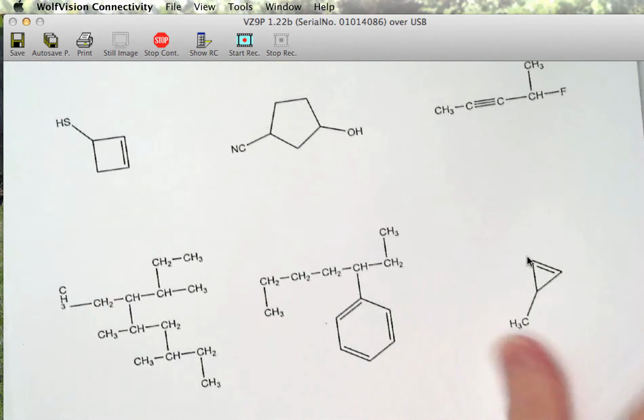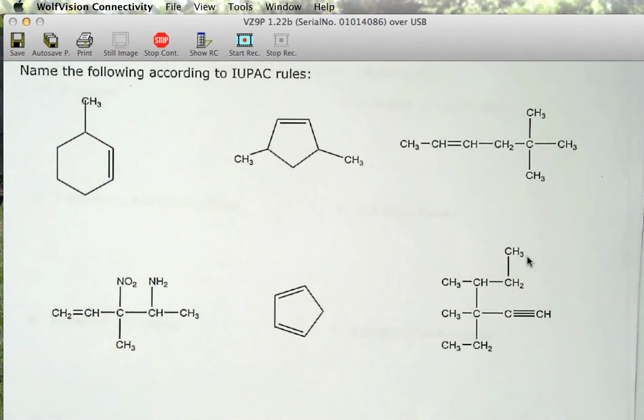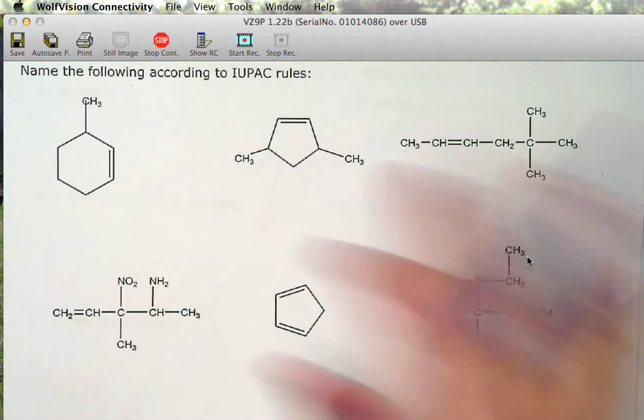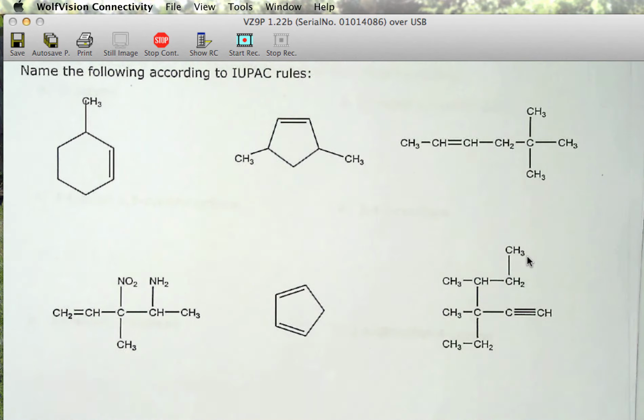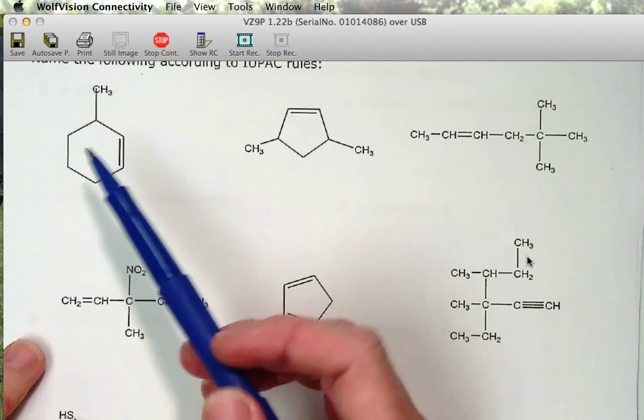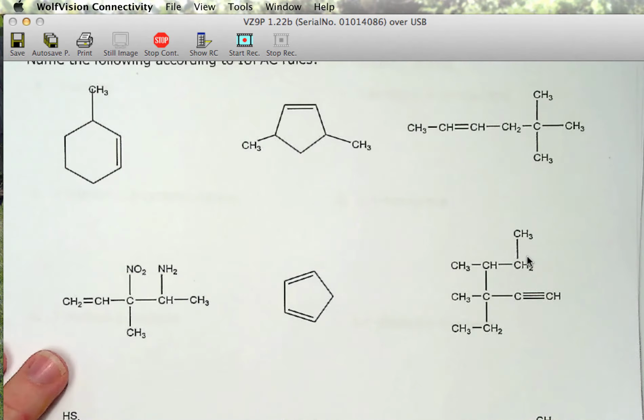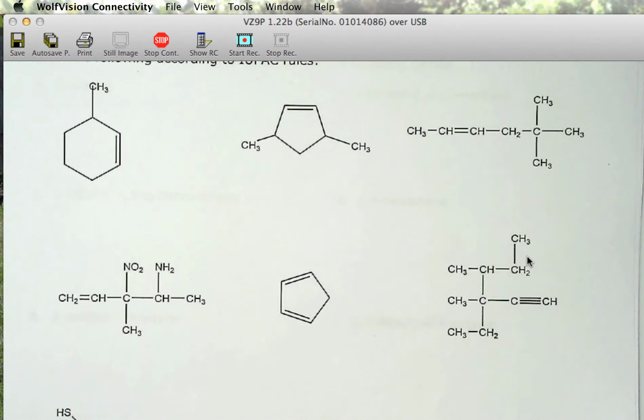Okay, so we'll name two of these and then we'll stop. Each one of these molecules represents a lovely lesson about nomenclature. And so we'll go through these. This first one, we've talked about the cycloalkenes.